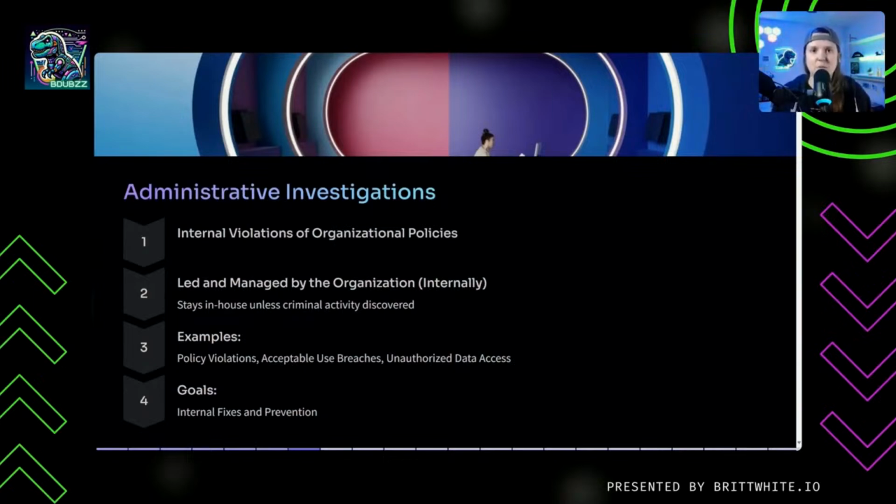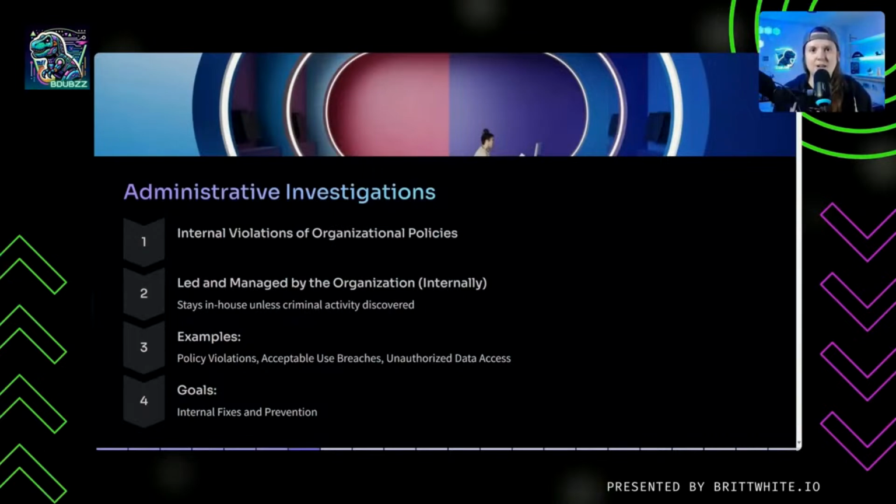These investigations apply to those employees goofing off or browsing stuff they shouldn't on company time and breaking maybe an acceptable use policy. Employees breaking internal procedures for sensitive data like an online data leak, not necessarily criminal theft, but policy violation for sure.